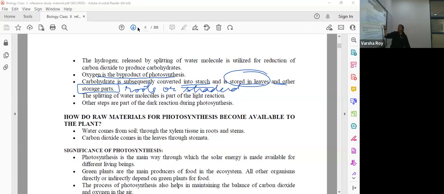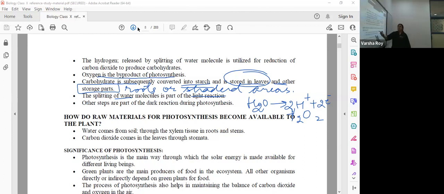The splitting of water is a part of which reaction? Light reaction. H2O splits into 2H plus 2 electrons, and then half an oxygen molecule, as per the balancing of equations.